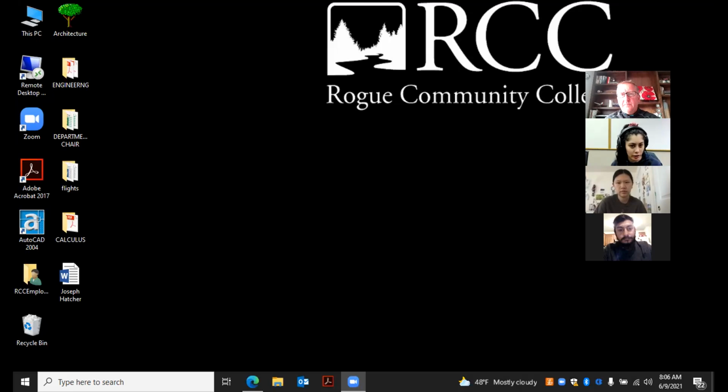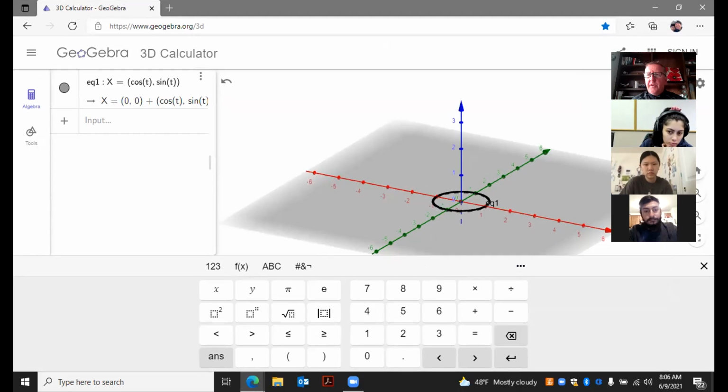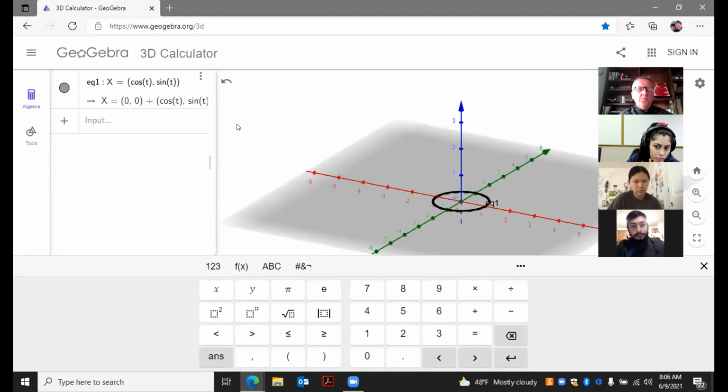I'm seeing your desktop with the RCC wallpaper. Same here. That's just weird. I don't get why I can't get you guys to see the other screen. I don't like that. Because this is too small. Now I see GeoGebra. Yeah, so I drag GeoGebra over here.